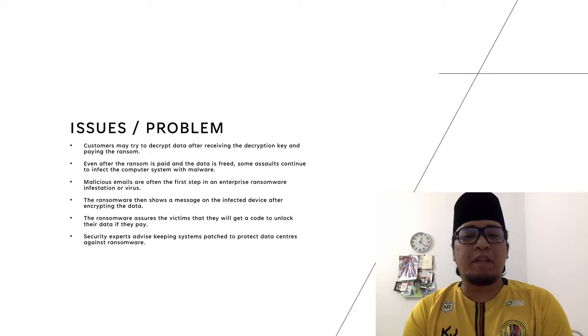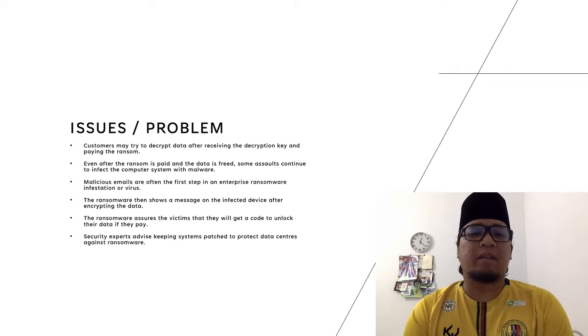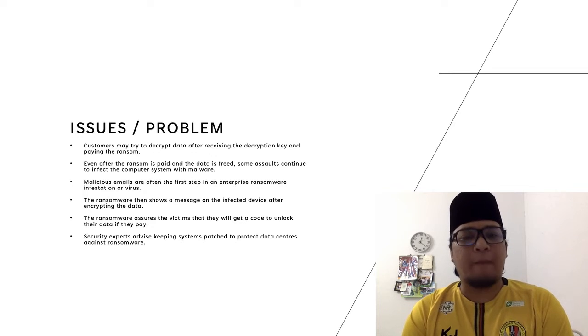A ransomware agent is installed and starts encrypting data on the victim's PC and associated file shares. The ransomware then shows a message on the infected device after encrypting the data, providing information on what happened and how to reimburse the assailant. The ransomware assures the victim that they will get the code to unlock their data if they pay.